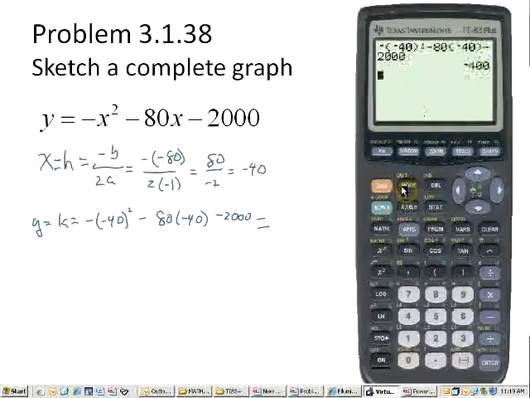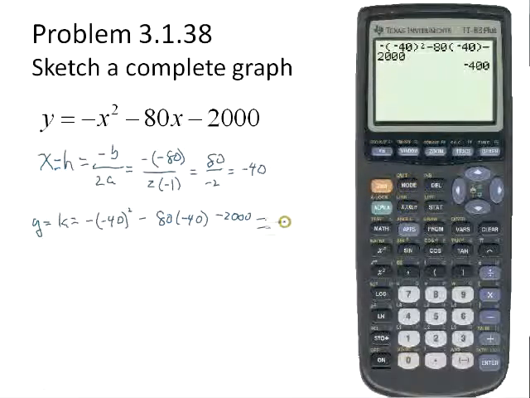We had negative 400, so this was equal to negative 400. And so the vertex for this particular problem is going to be equal to negative 40 and negative 400.